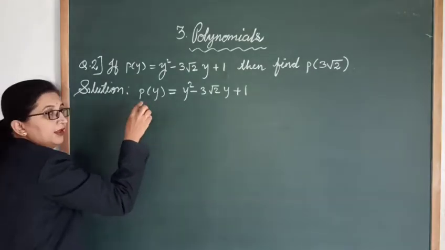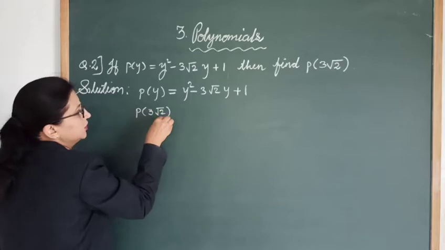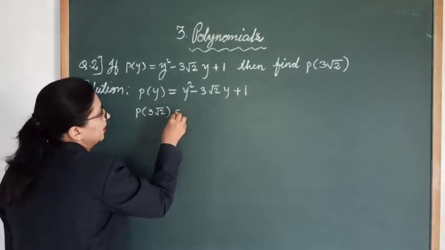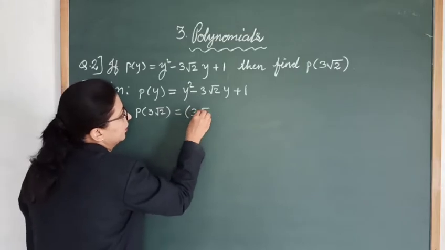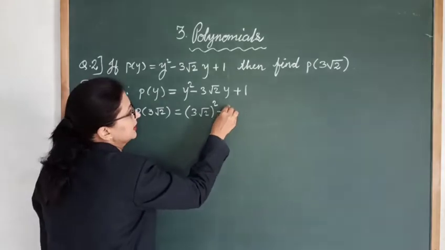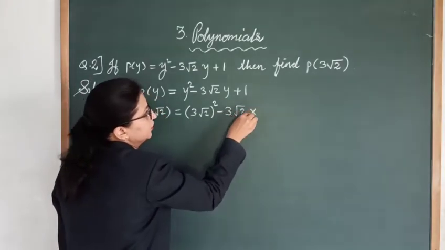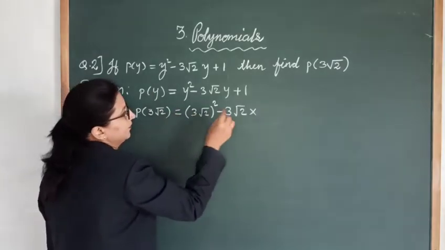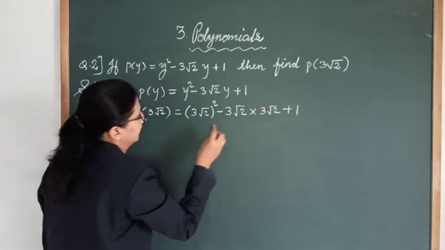Now the value of y we put as 3 root 2. So y square means (3 root 2) square, minus 3 root 2 into y, that is 3 root 2, plus 1.